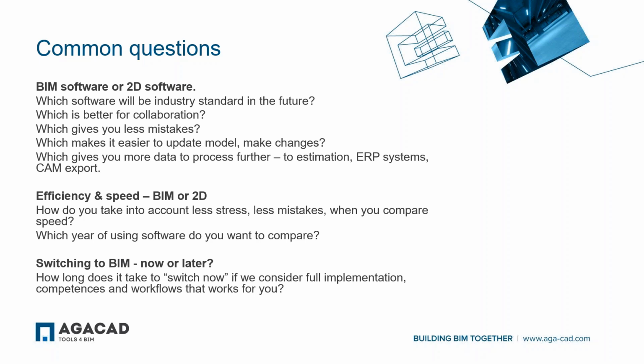A common question people have is: BIM software or still 2D software? Should we switch at all? Just think about it, like it was hand drawing and then AutoCAD. Which software will be the industry standard after several years? I think just make a guess about it.